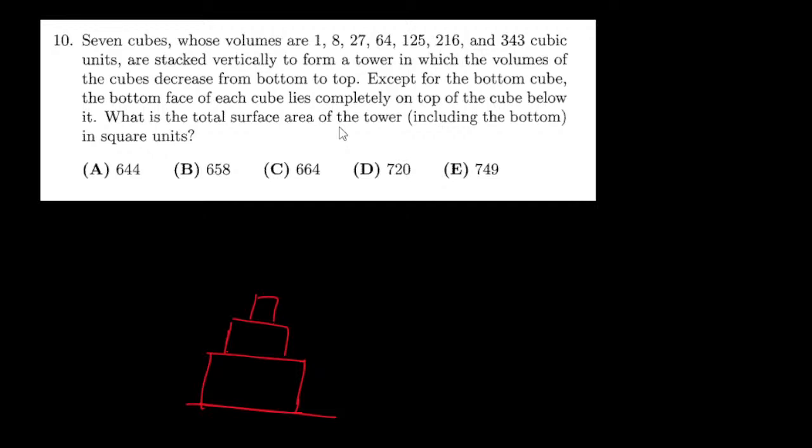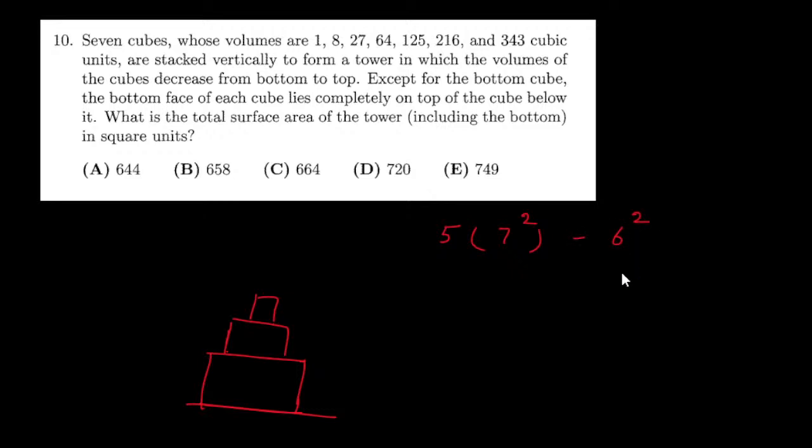Now from that 5 L square also we have to subtract the area which is covered by the above one. Like here, the surface area for the bottom cube is going to be 5 times 7 square. Now from this 5 times 7 square, I have to subtract one surface area, that is 6 square.